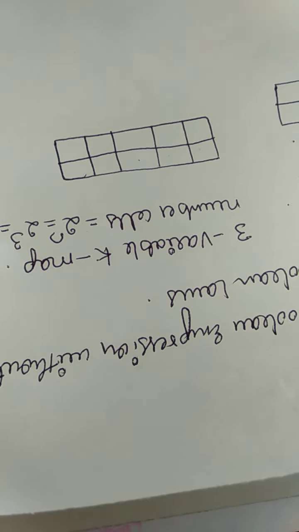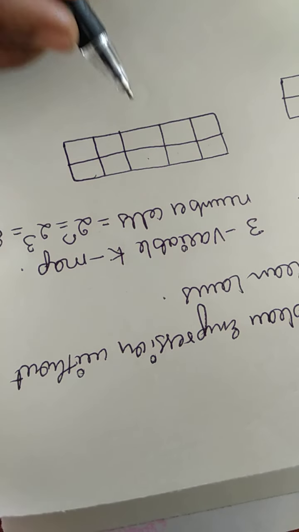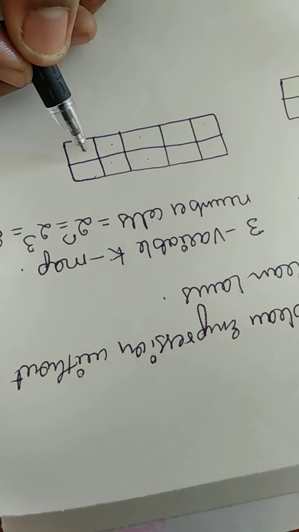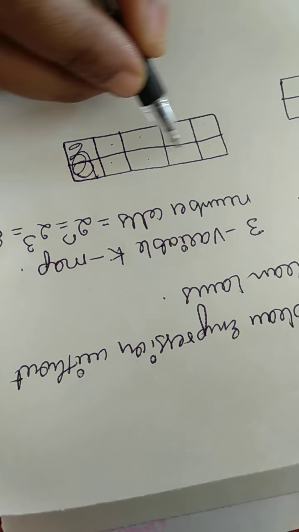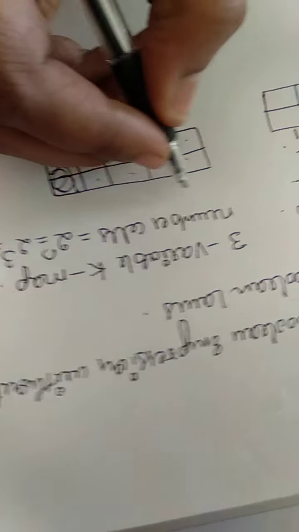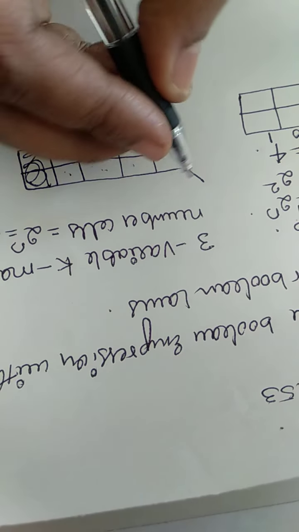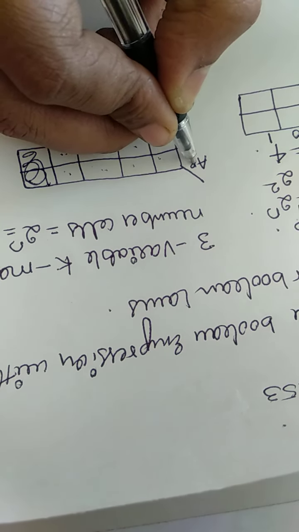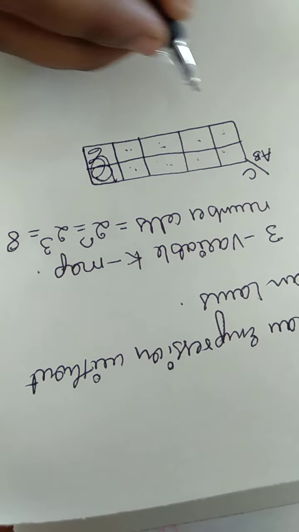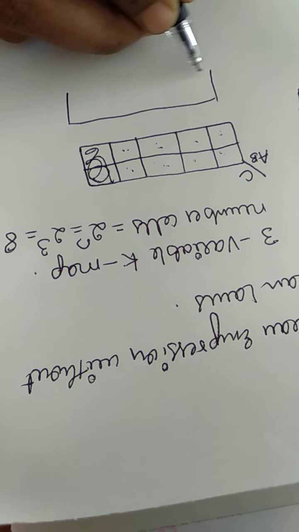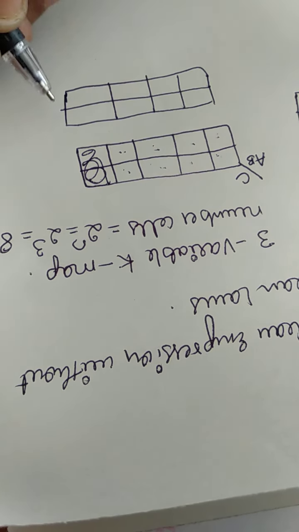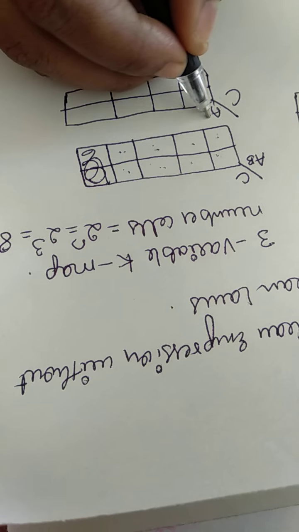So this is 8 cells. The variables are 3 variables. You can write it as A, B, C, or else you can interchange the places of the variables, that is you can write C here or AB here.